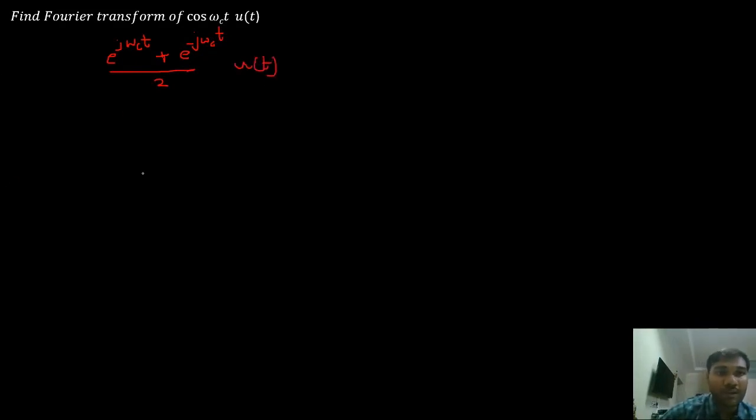Now I will separate the terms. 1 by 2 is a common term, right? And I have e power j omega ct into u of t plus e power minus j omega ct into u of t.